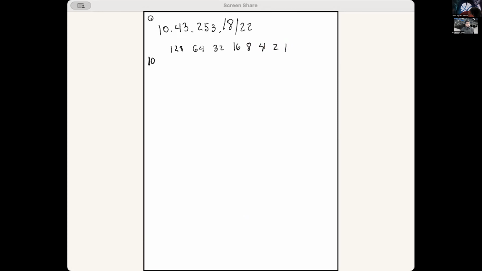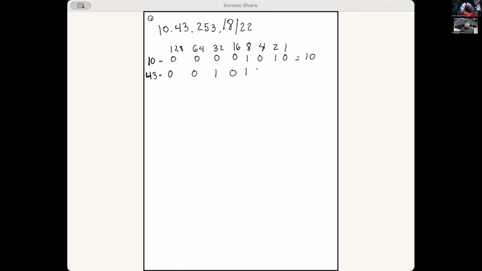So we'll start off with our 10 here, which we know will have 0, 0, 0, 0, 1, 0, 1, 0, for 10. Then our friend here, 43, which is 0, 0, 1, 0, 1, which is now 40.